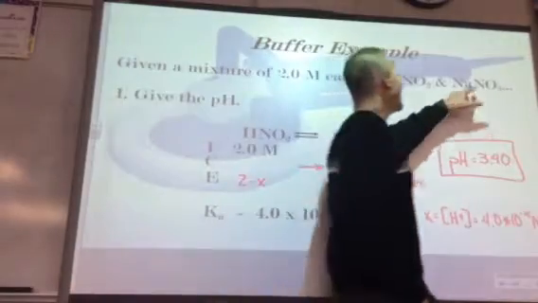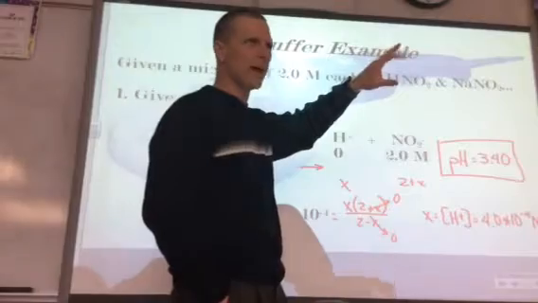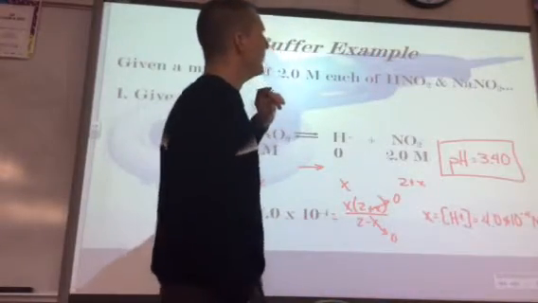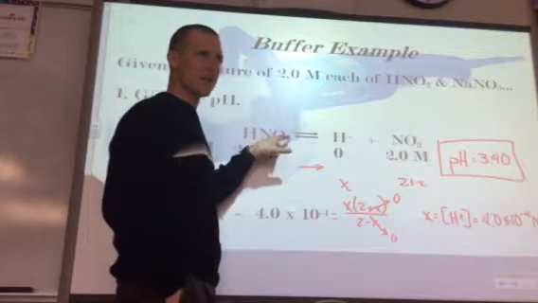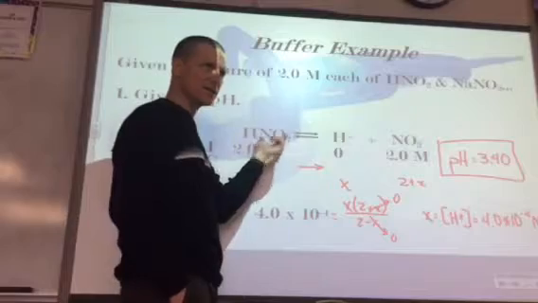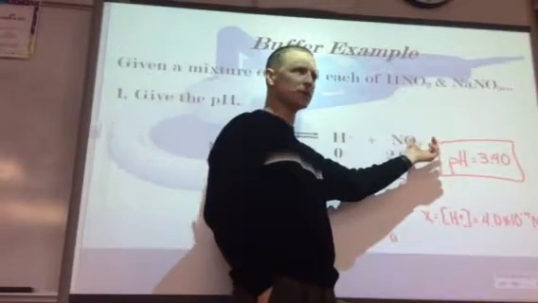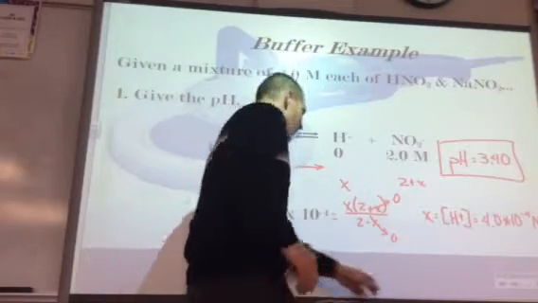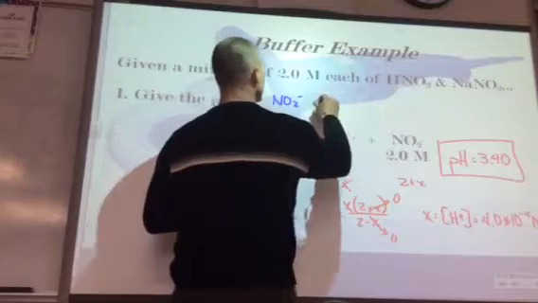First of all, the Na is a spectator. Don't put any of the non-reacting positive or negative things in. How do you know which one to write first in the reaction, right? I find it easiest to put the acid in the reactants because it's simpler to write the equation. Acid yields hydrogen ion plus whatever its conjugate base is. You could definitely have taken this and written NO2 negative plus what?